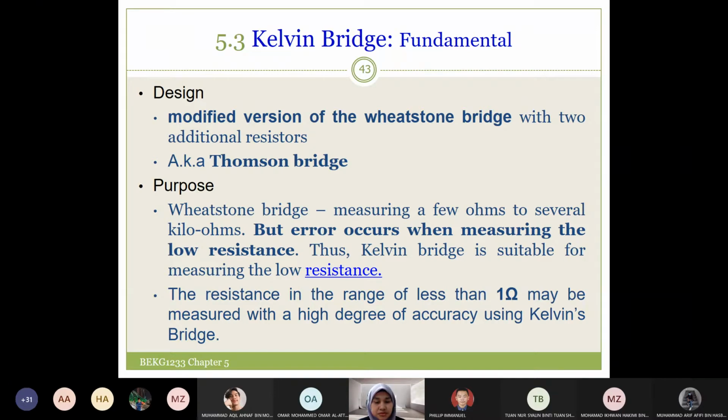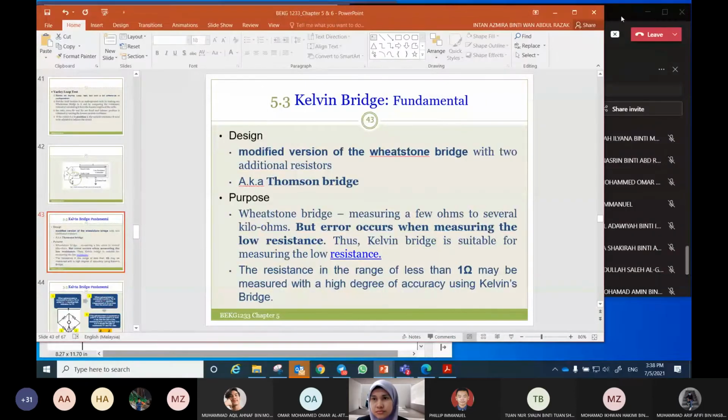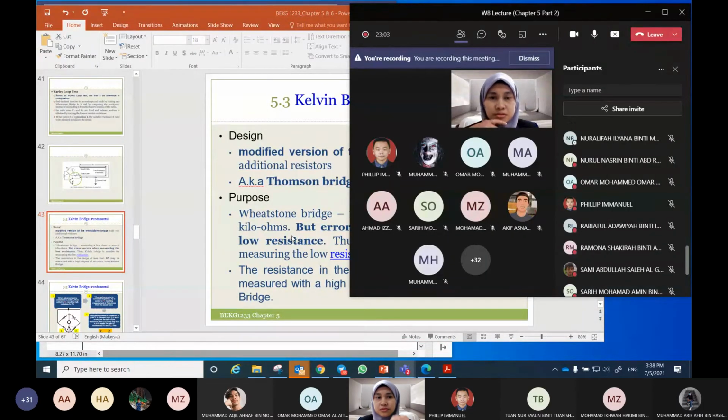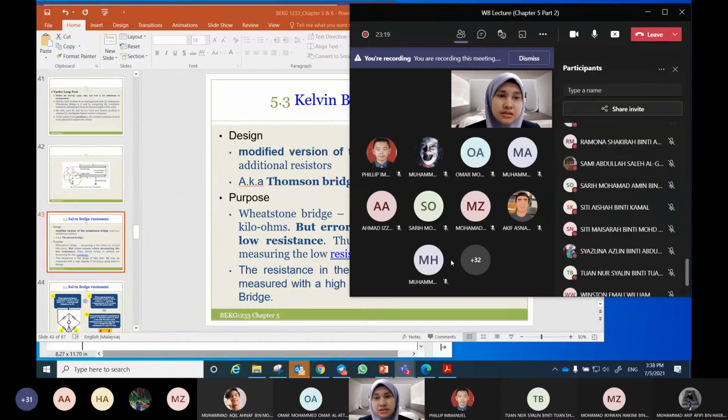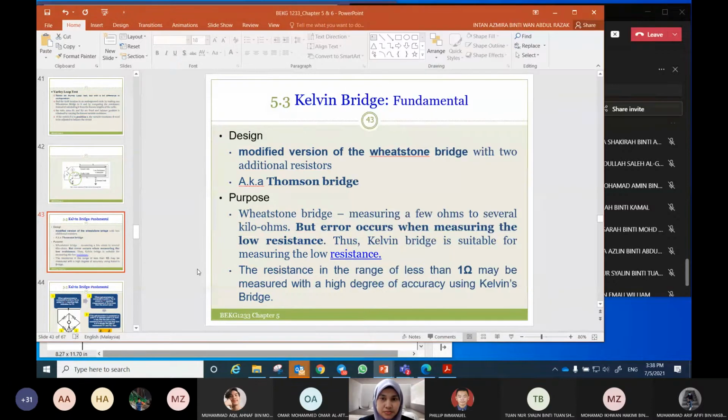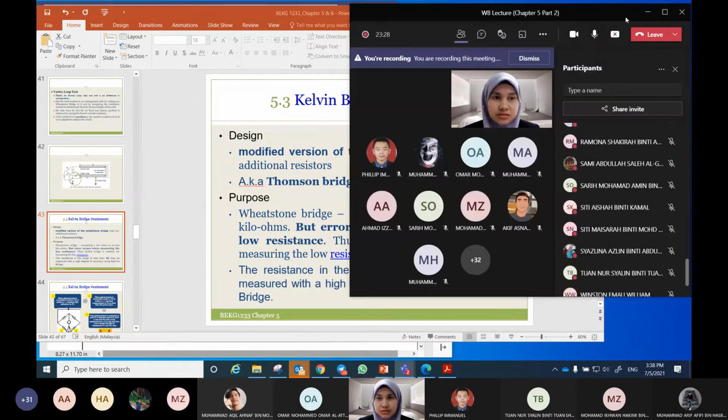How many configurations for DC bridge? Shazlina?